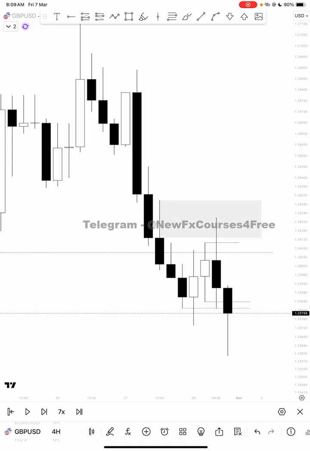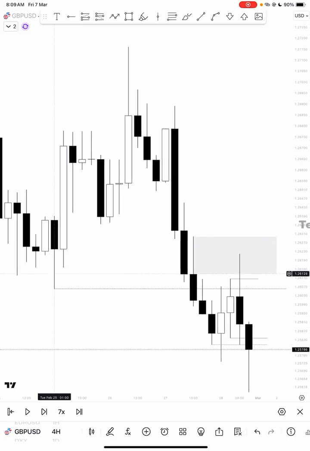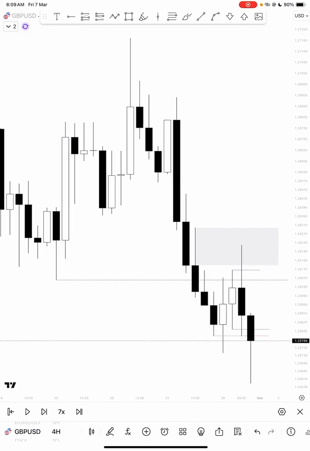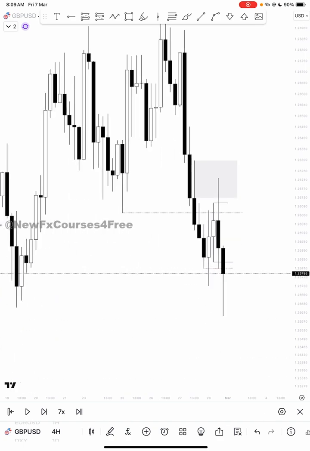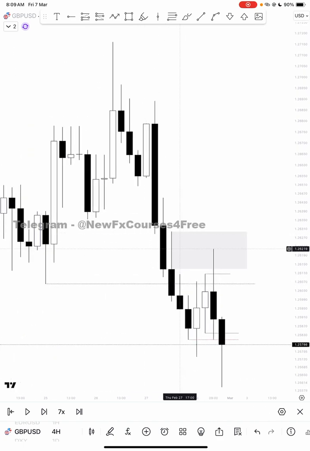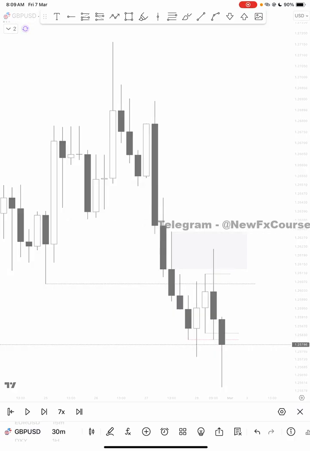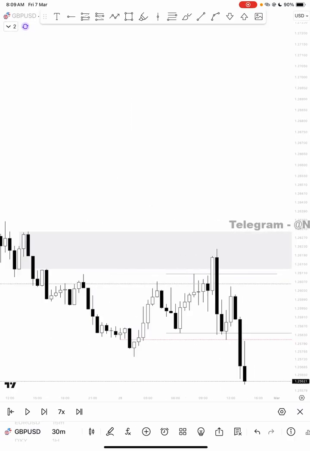So the market actually manipulated into this key level, your mitigation block over here, or a breakout block, whichever you call it, and you've got your rejection block. So going down to the 30-minute time frame or the 15-minute time frame.